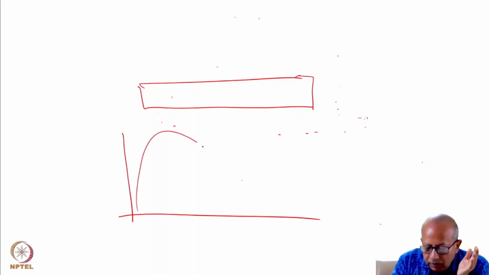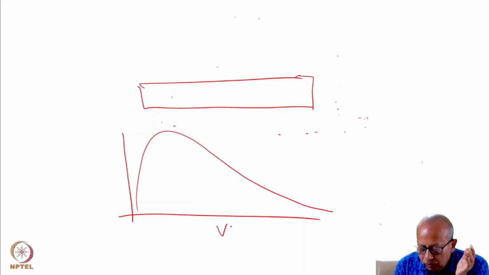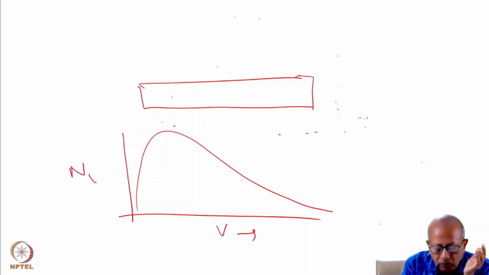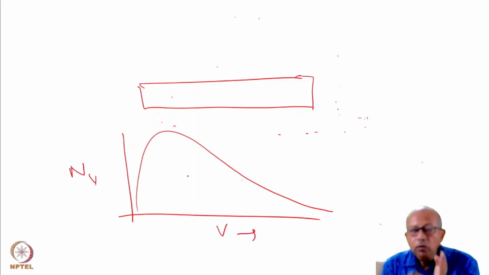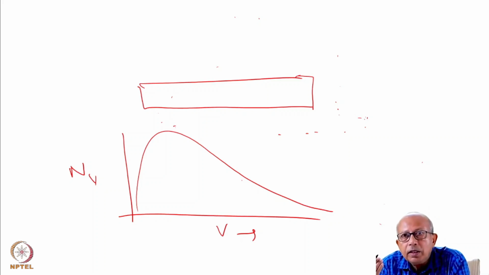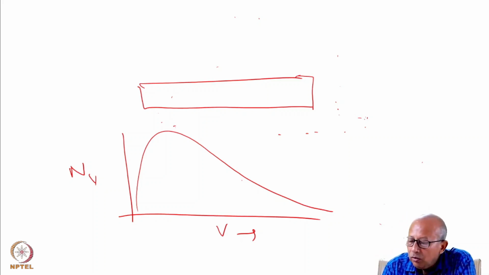The velocity has a distribution. This is the velocity, this is the number of molecules. Now, you know that when an atom or a molecule travels with a velocity v, the frequency of light that it emits depends on the velocity, which is a result of the Doppler effect.